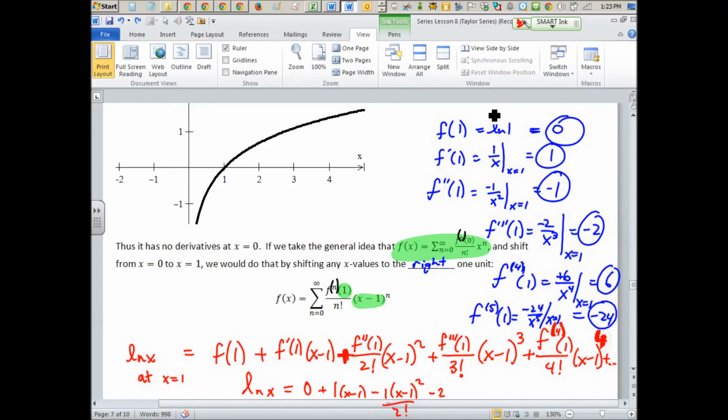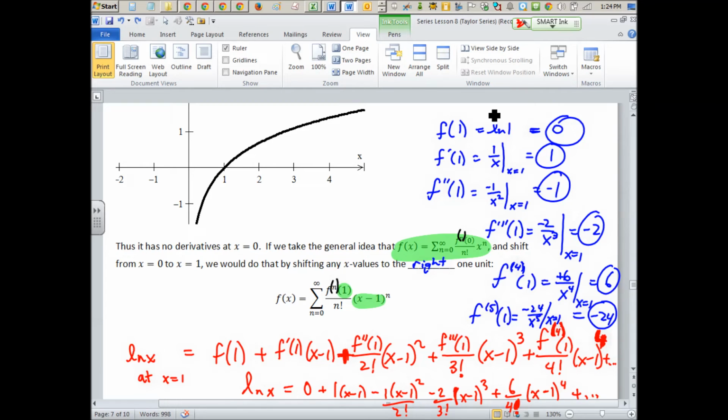Let me make sure I copied this right. Yeah. The next one is negative 2, and it's over 3 factorial, and this is (x minus 1) cubed. And then the fourth term has a 6 on top, and there's a 4 factorial here, and then this is (x minus 1) to the 4th.